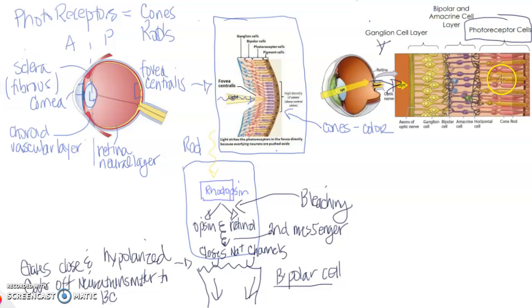There are cells called horizontal cells and amacrine cells that help the light to not overstimulate photoreceptors that aren't supposed to be stimulated. It helps to funnel the light into the correct photoreceptor cells.